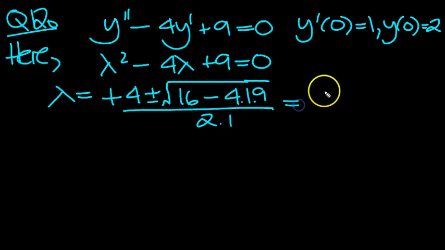So we've got 4 plus or minus. Now 4 9s are 36, so 16 take 36 is minus 20. I'll take the i out straight away, and it's root 20 over 2.